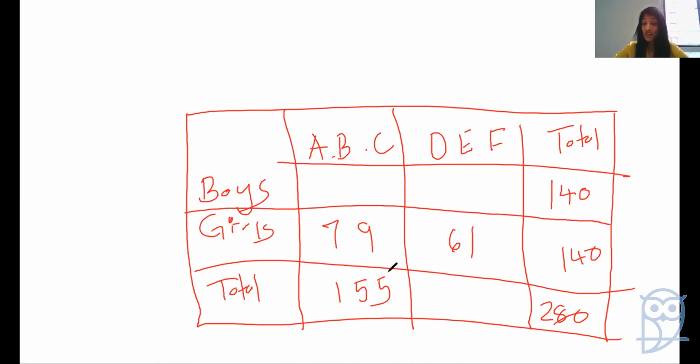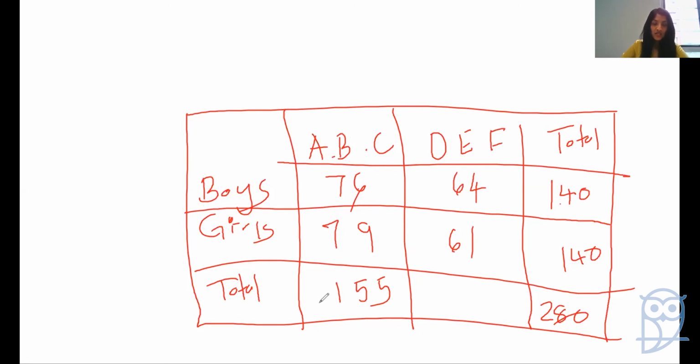We simply subtract 155 minus 79, and our answer is 76. So there are 76 boys getting A, B, or C. All we need to work out now is how many boys are getting D, E, or F. So we say 140 subtract 76, and our answer is 74.